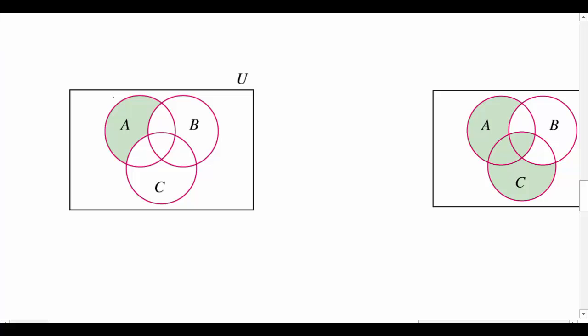So I could say, let's start with A, and let's take out anything in B. And then let's also take out anything that happens to be in C. And so that would just leave us with the stuff in A. Or I'll give you one more way to write this. I could say start with A and then take out anything that has B and C in common. So both of those illustrate the same picture.